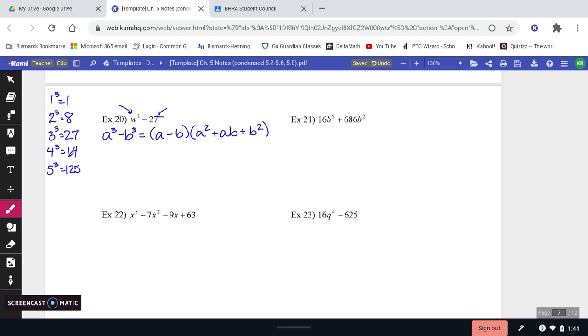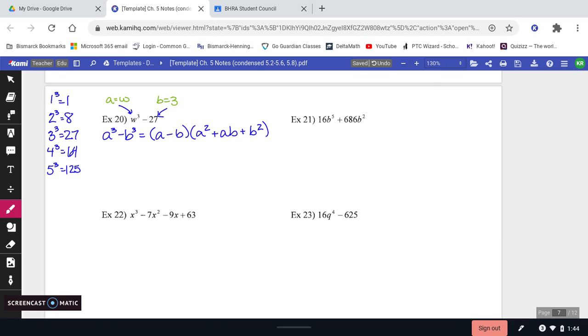So everywhere I see an A, I'm going to put that number in, and everywhere I see a B, I'm going to put that number in. Okay, so go back to our w cubed minus 27. So here, this A, what's being cubed? A w is. Okay, then what's being cubed to make a 27 is a 3. A 3 is being cubed.